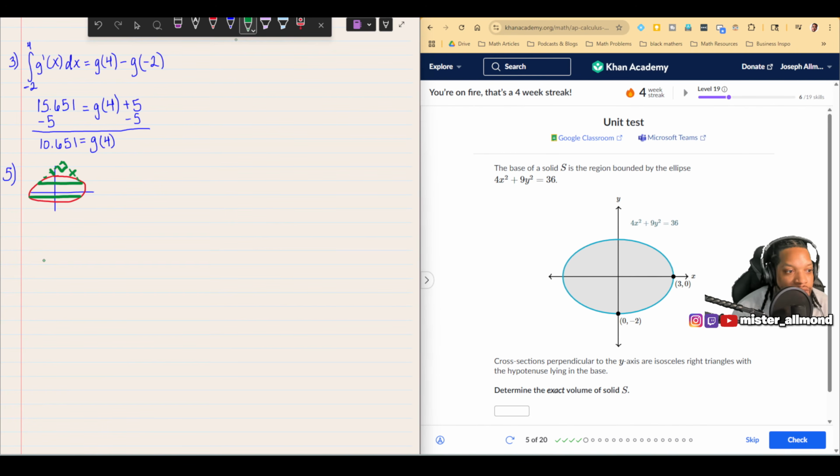So that means they're going to go from -2 all the way up to, I'm guessing, +2. So, yeah, we just need to figure out the area of one of these triangles.